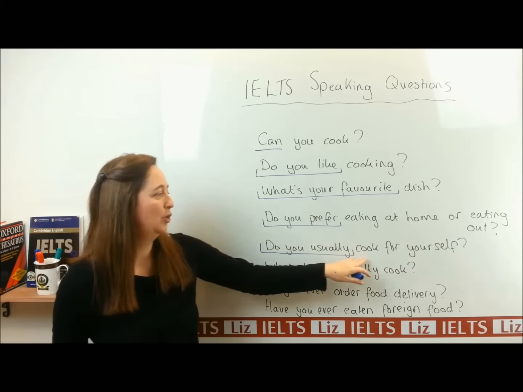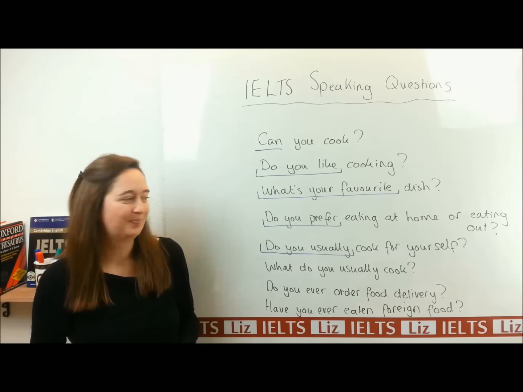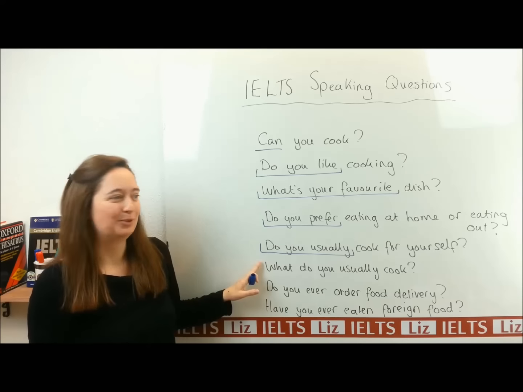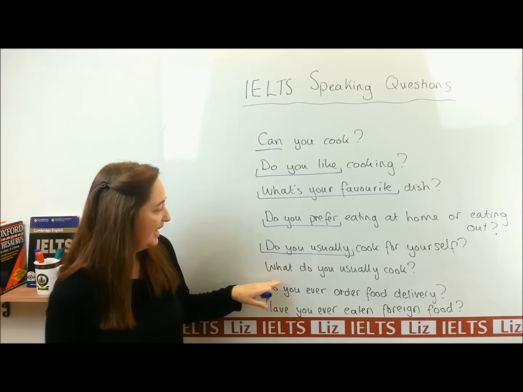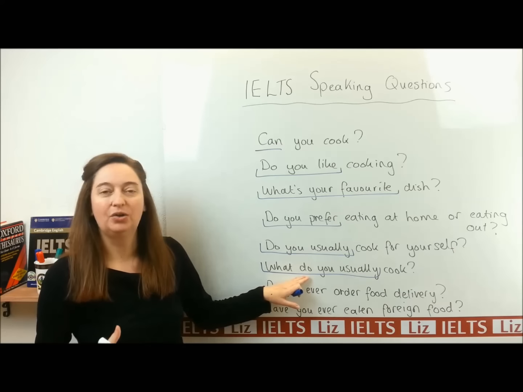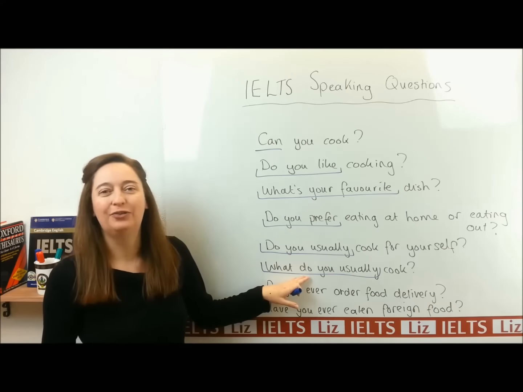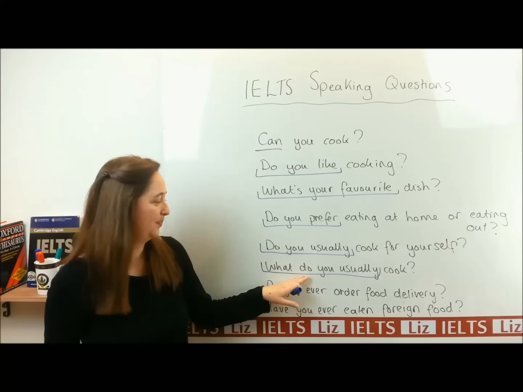So do you usually cook for yourself? And you need to answer yes or no, and again, add more information. The next one, what do you usually cook? This is about what dish. So for example, I often cook Chinese food, or I often cook vegetarian dishes.